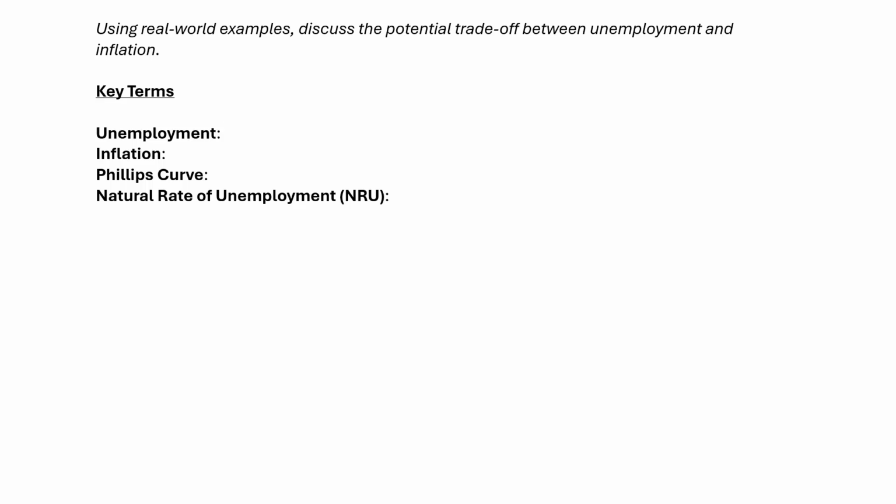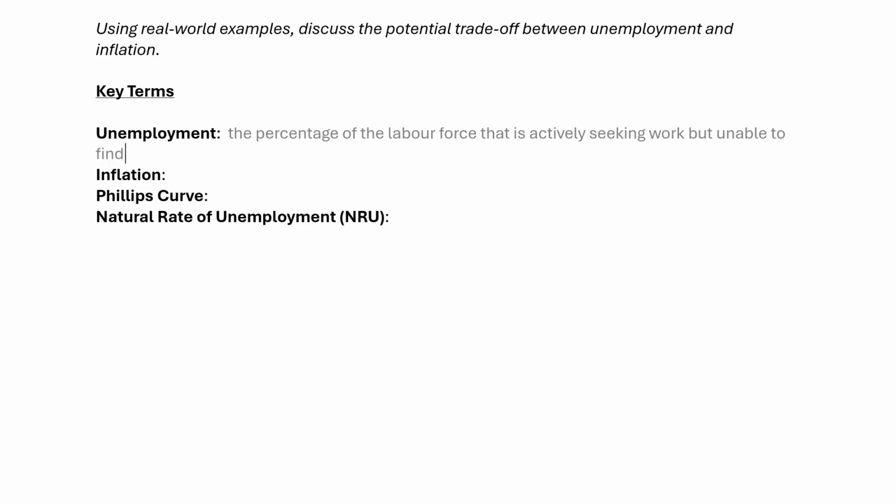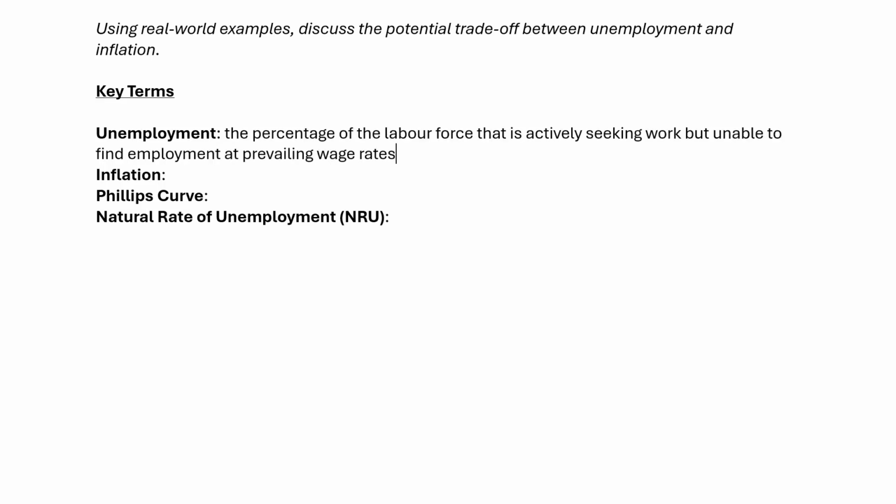It is the percentage of the labor force that is actively seeking work but unable to find employment at prevailing wage rates. It's essentially the number of people, as a percentage of the labor force, that want to find work but effectively just can't find work for whatever reason.